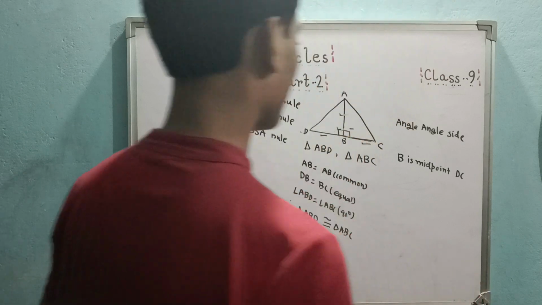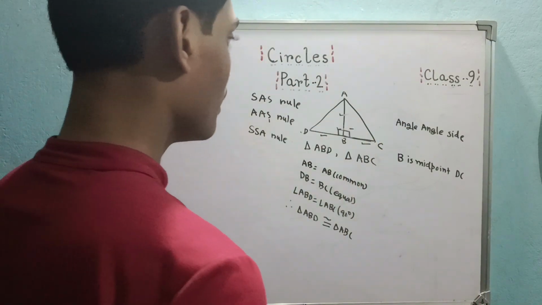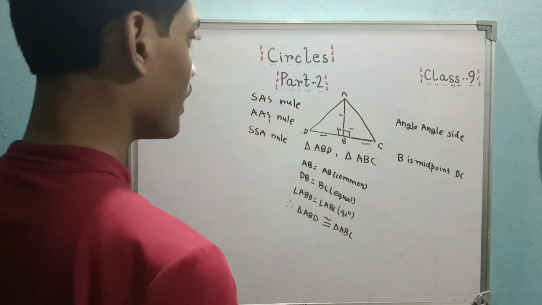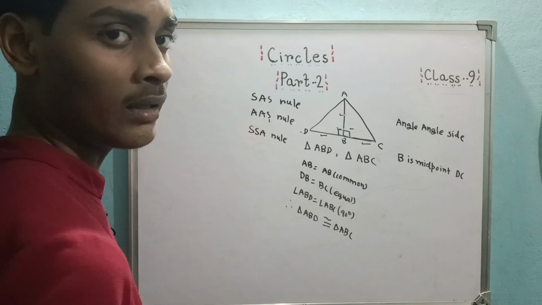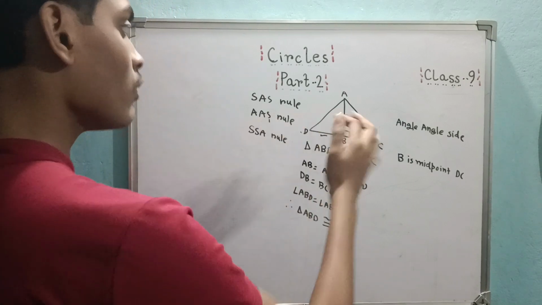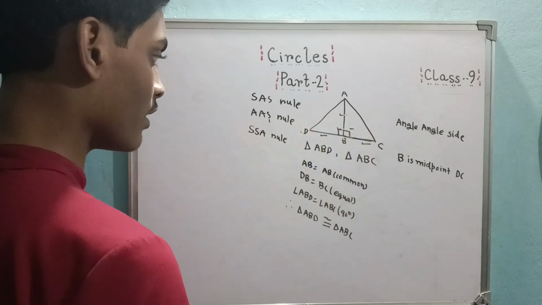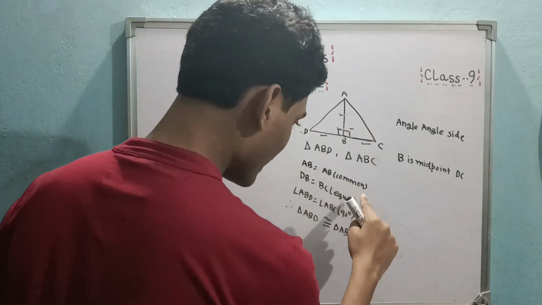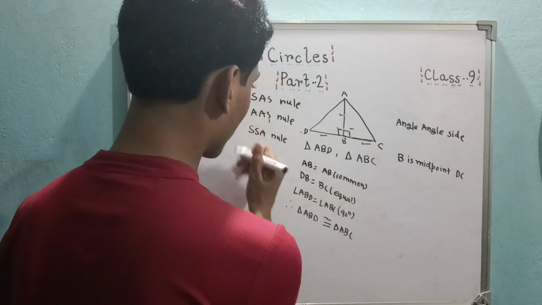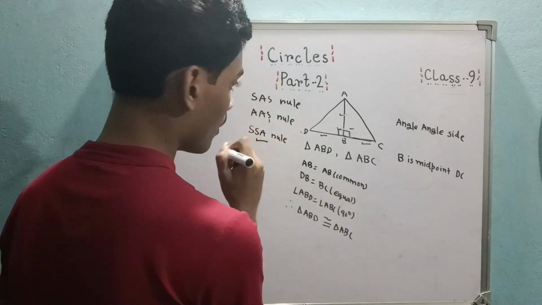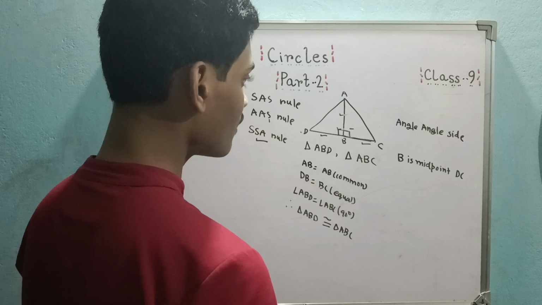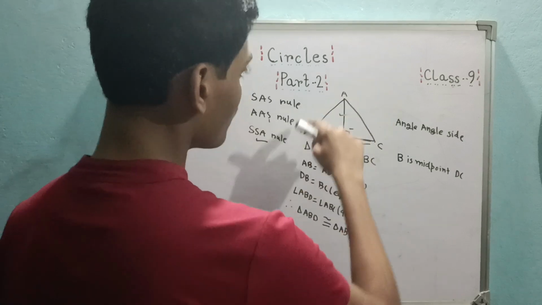If you prove that two triangles are congruent, then if you have any two sides or any angles remaining, then those angles or sides are also equal. So as we have proved that these two triangles are congruent, by which rule? Side, again side, then angle. So SSA rule. To prove they are congruent, so we can just tell that AD equal to AC.